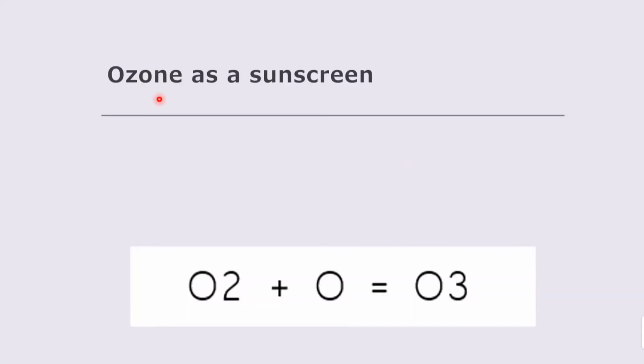So ozone as a sunscreen. When ozone is hit by UV radiation from the sun, it absorbs this UV radiation. The sun emits this high energy UV that could be very damaging to our Earth, and ozone in our stratosphere absorbs this high energy UV.